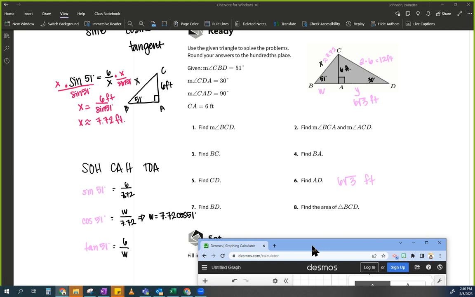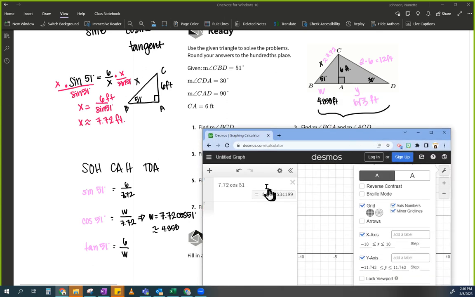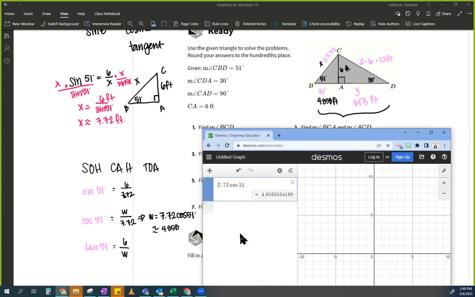So I'm going to take this over here, this is 4.858 feet. In order to find the whole thing, I'm just going to add those two numbers together. I'm going to put it up in front.